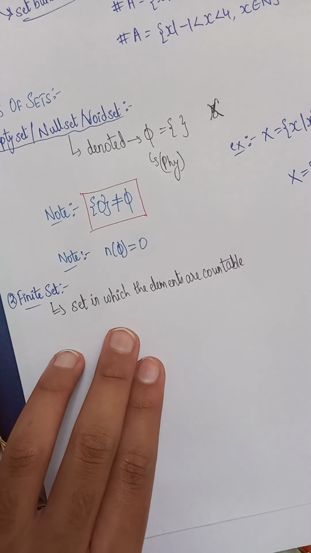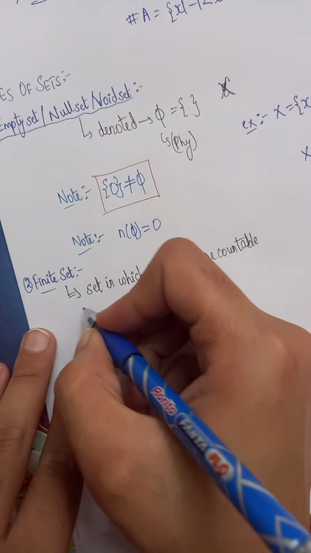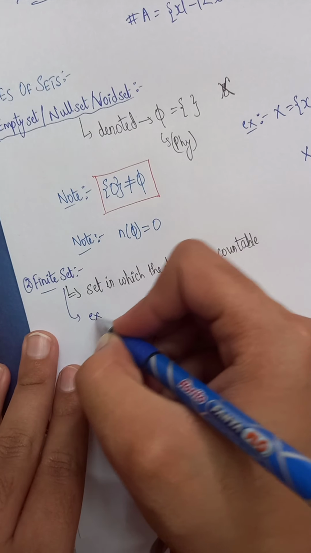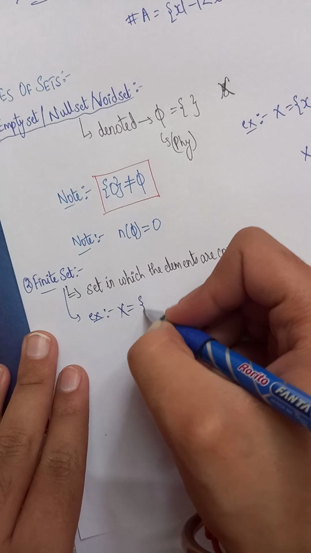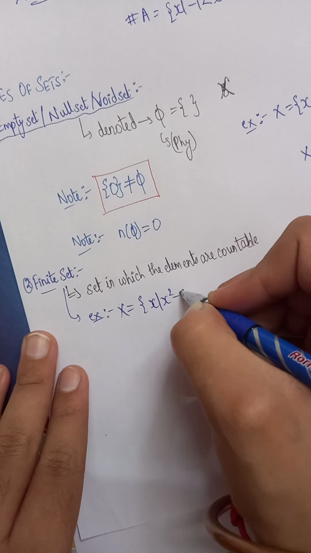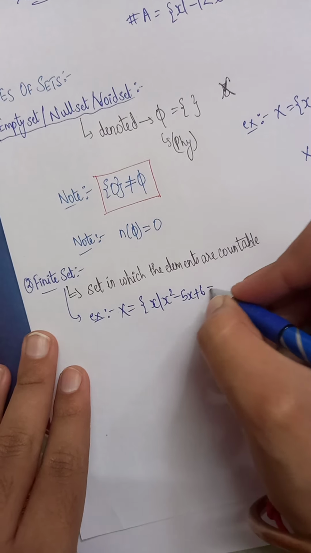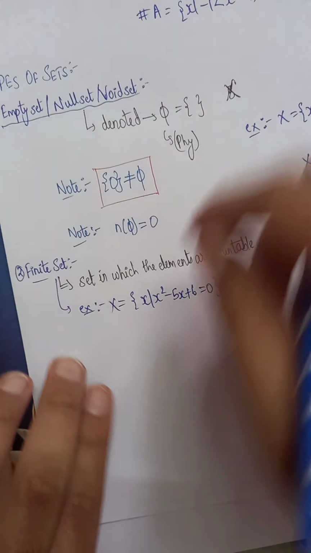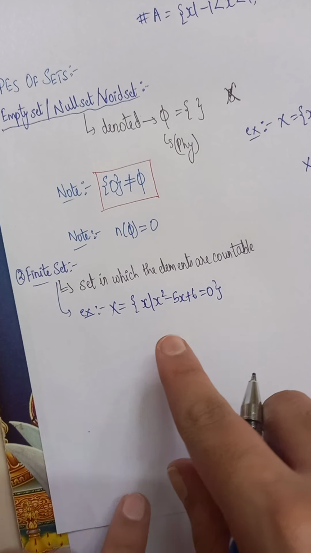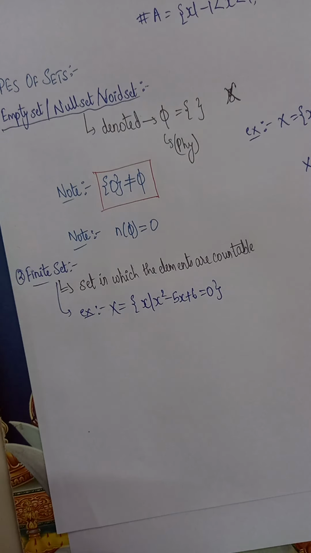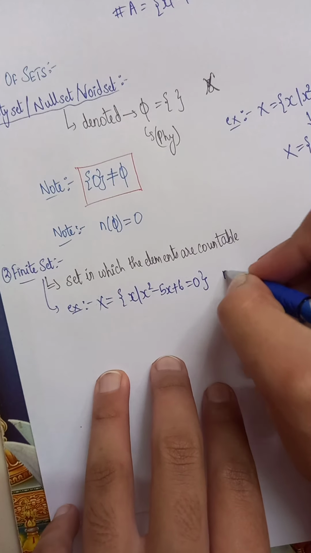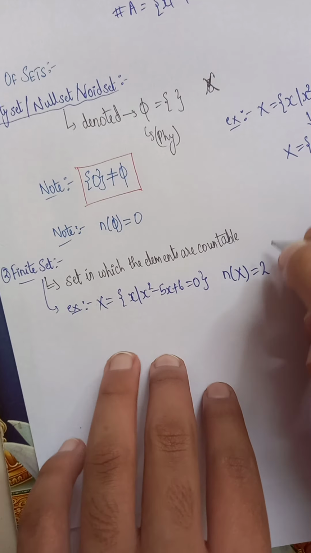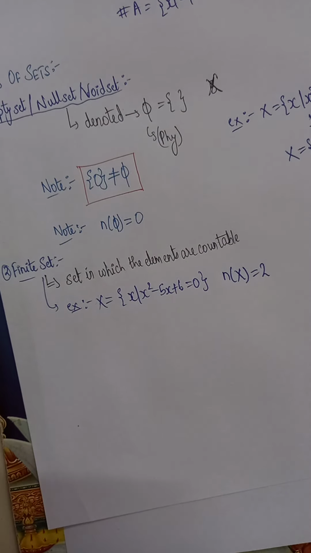An example: set capital X is equal to x such that x square minus 5x plus 6 equal to 0. As you all know, this is a quadratic equation and you need to split it. So x square minus 2x minus 3x plus 6 equal to 0, and then (x minus 2)(x minus 3) equal to 0. The roots of x are 2 and 3. Therefore the number of elements in this set is 2.